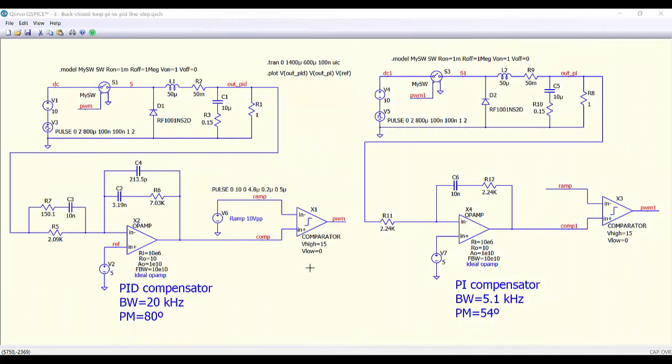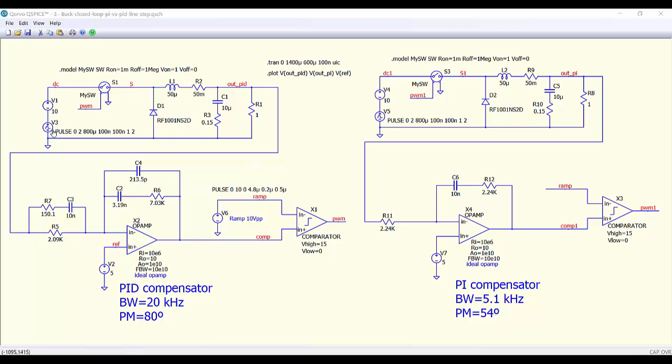And now what we are going to do is to test both compensators operating in closed loop with the same converter, with our buck converter. Here we have the PID compensator with a bandwidth, as we have seen, of 20 kilohertz and a phase margin of 80 degrees. And here we have our PI compensator with a bandwidth of 5.1 kilohertz and a phase margin of 54 degrees.